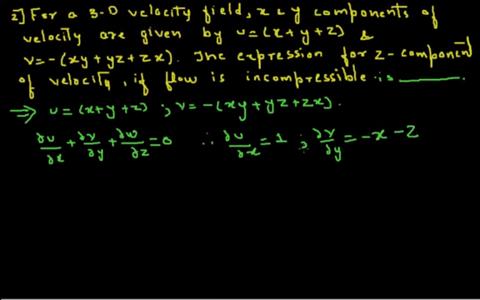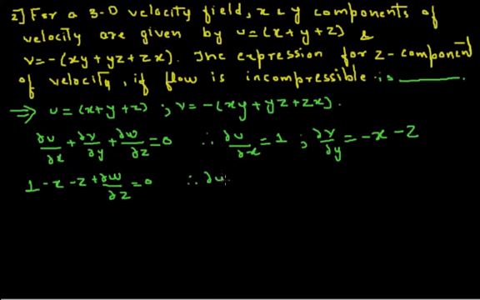So these are the partial derivatives of u and v with respect to x and y. We will put these values in this continuity equation. So it is 1 minus x minus z plus del w by del z is equal to 0.